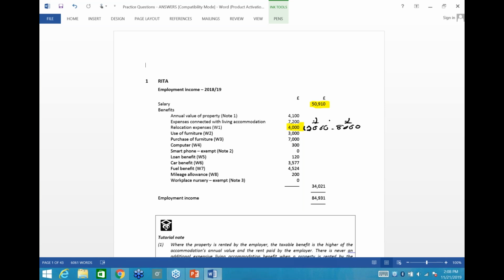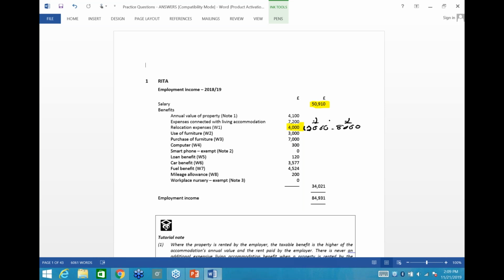If I am provided with accommodation by my employer, and if it is nothing to do with the job that I am doing, if it is not job related accommodation... if it is job related accommodation, then it's an exempt benefit. For example, a security officer is given accommodation that is job related.